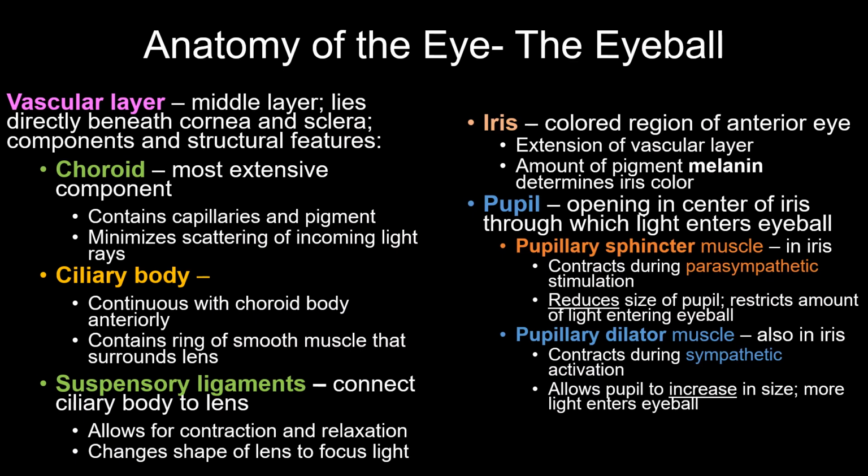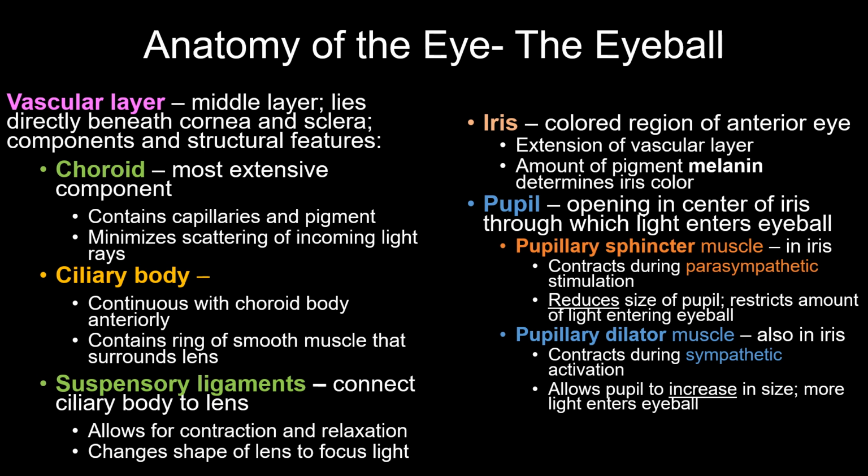Now, the vascular layer is located immediately deep to the fibrous layer, and it has three parts. There's the choroid, and this is the most extensive component of the vascular layer. This is richly supplied with blood vessels, as its name implies, and these blood vessels are vital because they supply oxygen and nutrients to the neural layer of the eyeball.